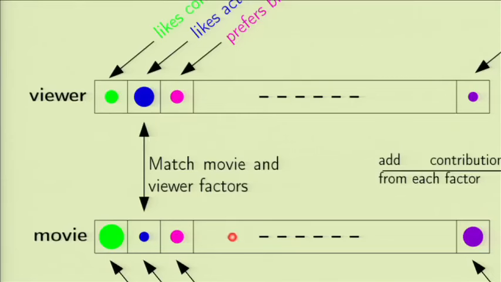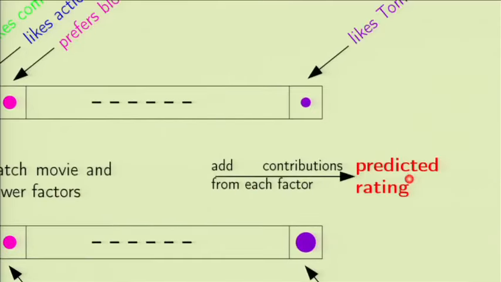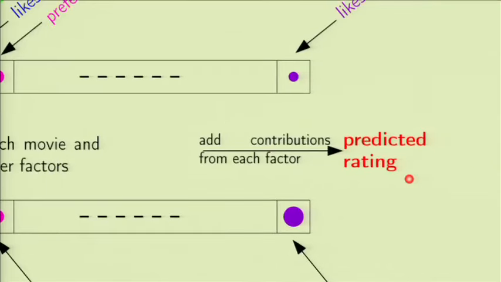But if there is a match between so many coordinates, and the number of factors here could be really like 300 factors, then the chances are you will like the movie, and if there is a mismatch, the chances are you are not going to like the movie. So what you do, you match the movie and the viewer factors, and then you add the contribution of them, and as a result of that, you get the predicted rating.